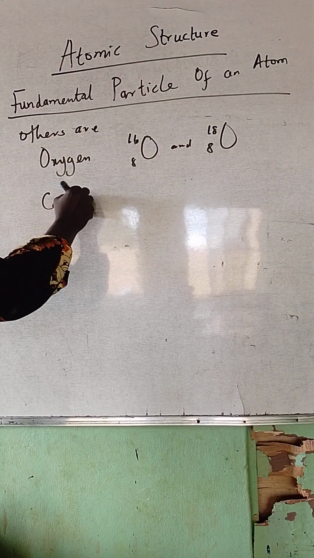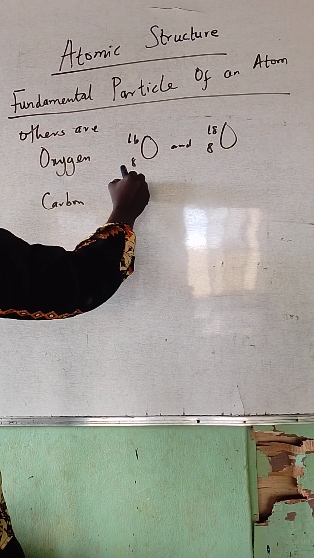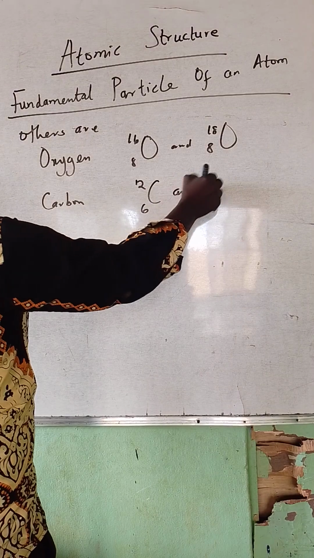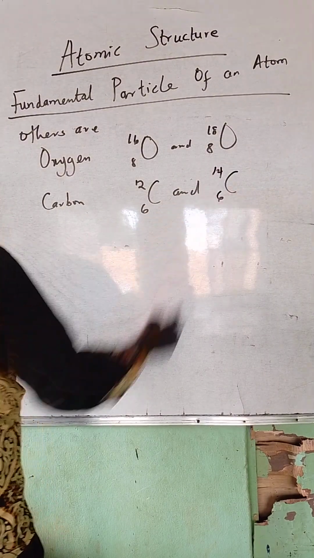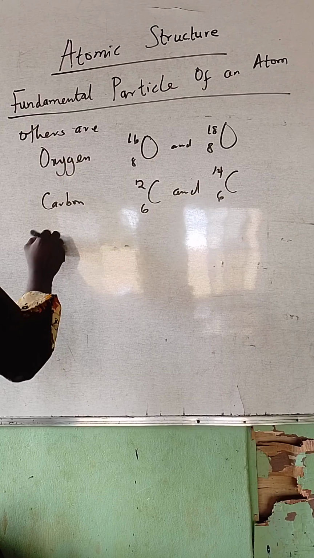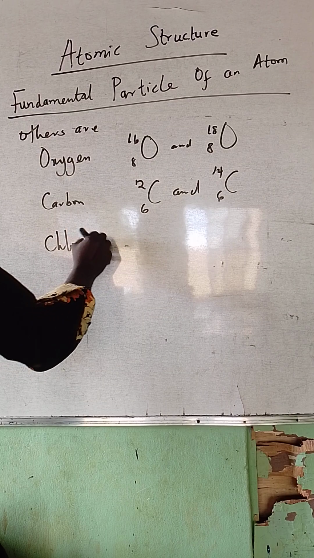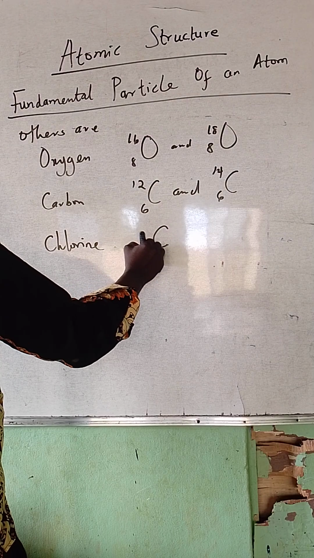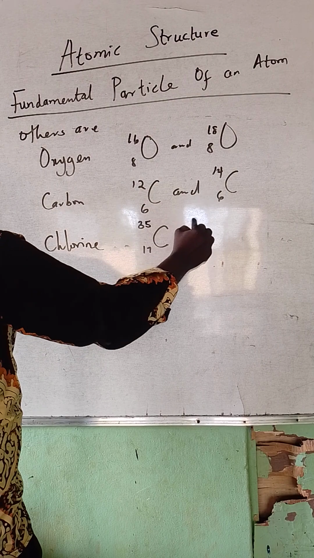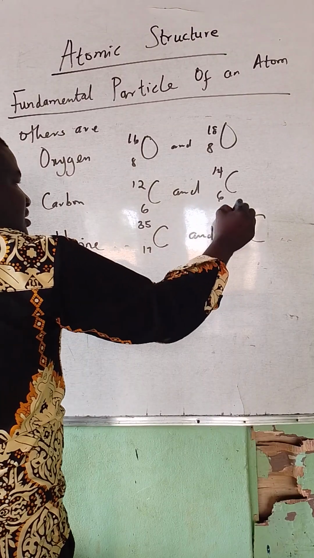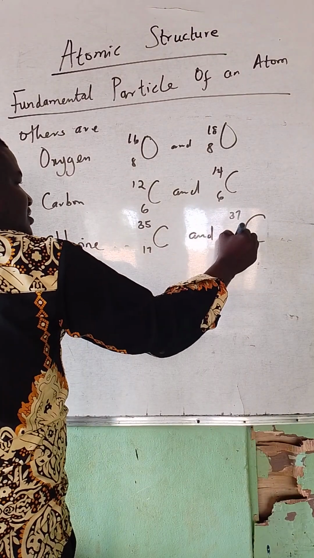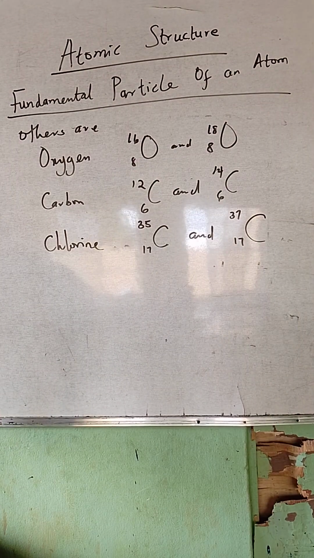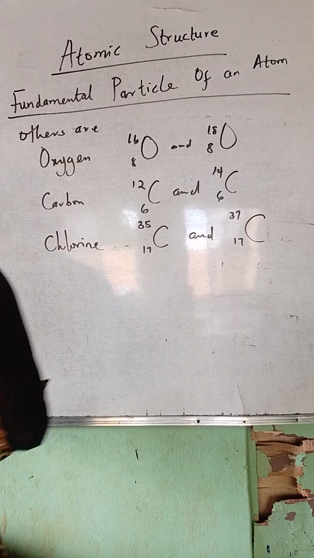We have carbon 12, carbon 14, 6, and this carbon 14 is more used for dating. Then we have chlorine. Chlorine is 35, 17, and 37, 17. So you see that they have atomic number in common, but the mass numbers are different.